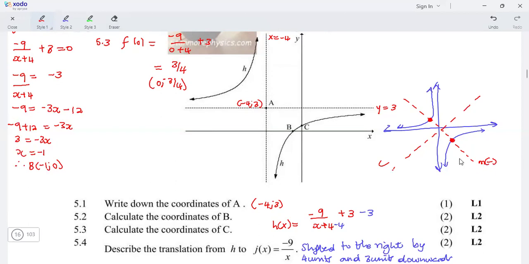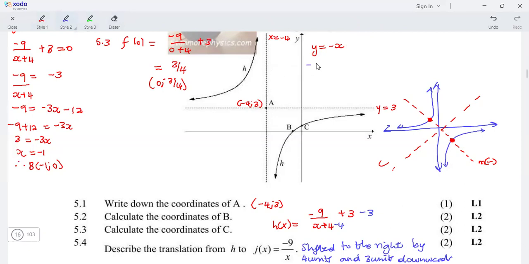Remember we said the equations of the axes of symmetry are y = -x + c and y = x + c. Because we don't have asymptotes shifted, the value of c will be 0. So the axis of symmetry we are focusing on is y = -x. We're going to equate it to j(x).